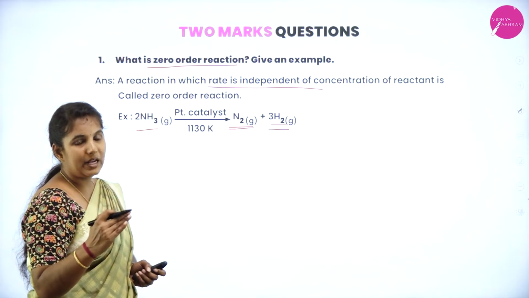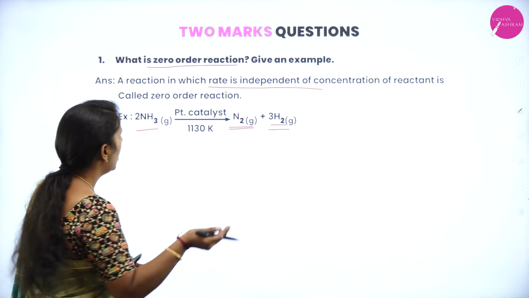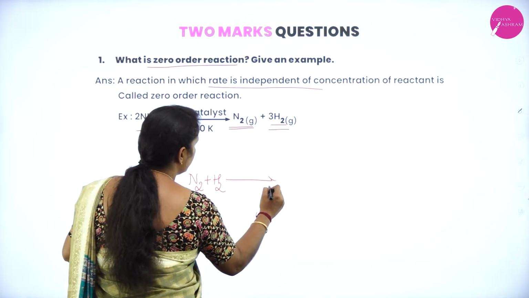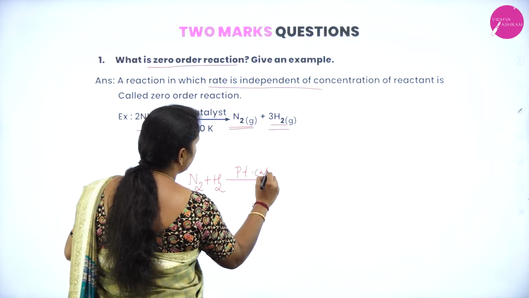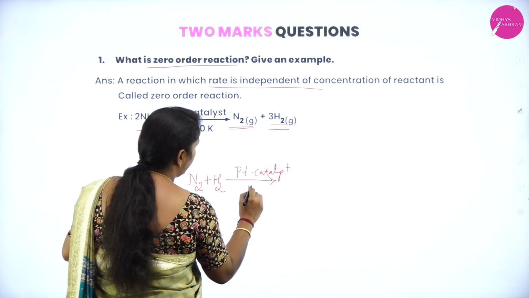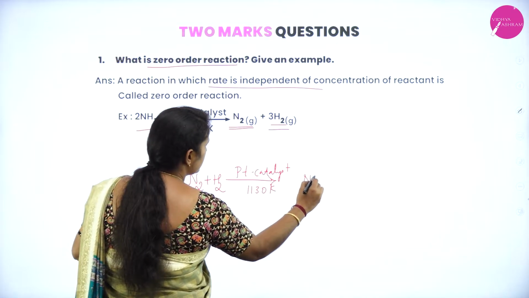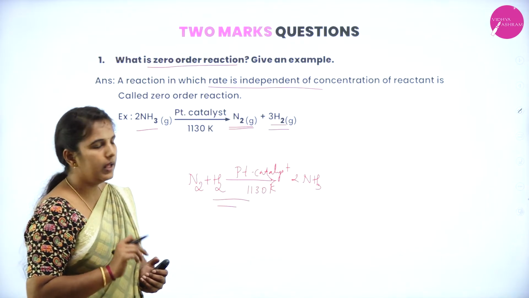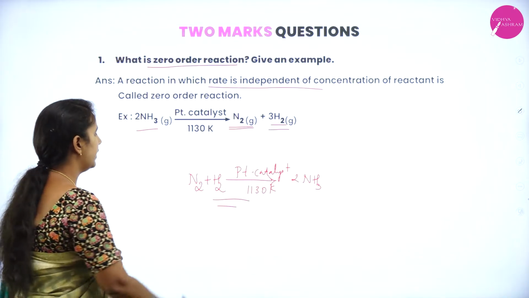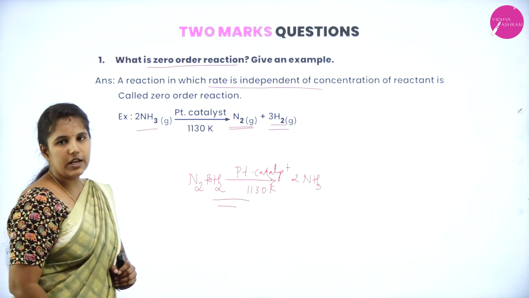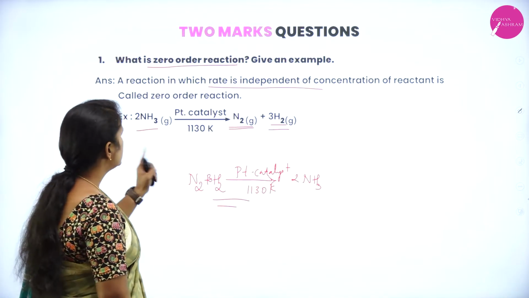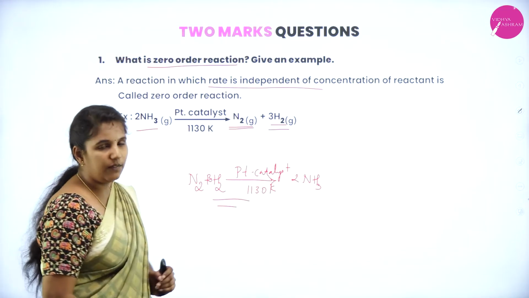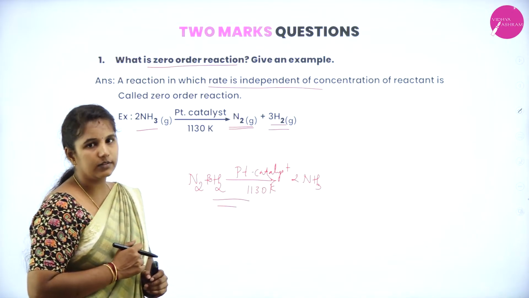It is the preparation of ammonia by Haber's process, or you can rewrite the reaction as nitrogen plus hydrogen, with platinum as a catalyst at very high temperature, giving rise to ammonia. So this is a preparation step for ammonia by Haber's process, where nitrogen and hydrogen are combined to give ammonia. You need to show that it is a reaction in which the rate of the reaction is independent of the concentration of the reactant.